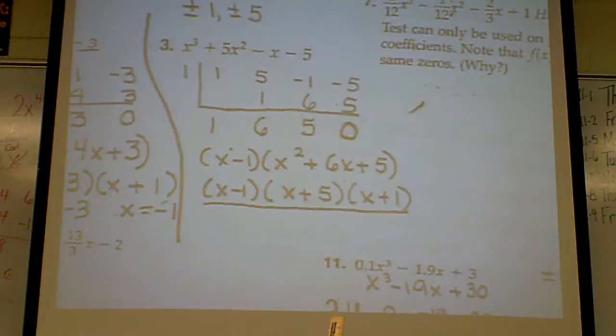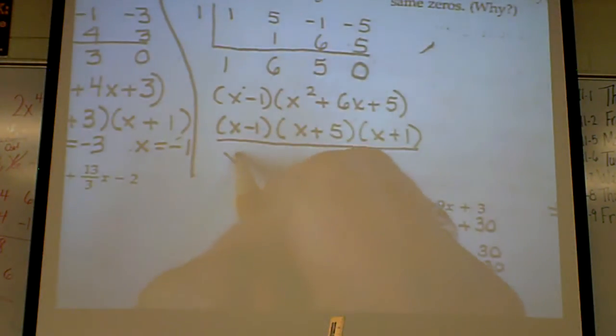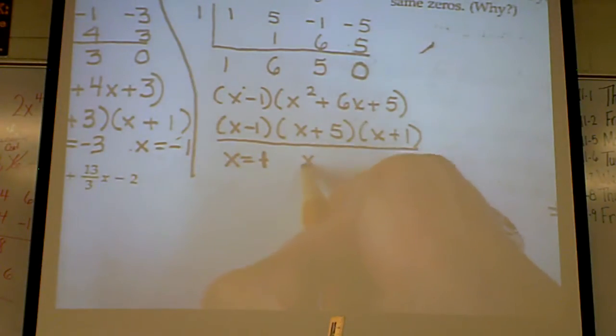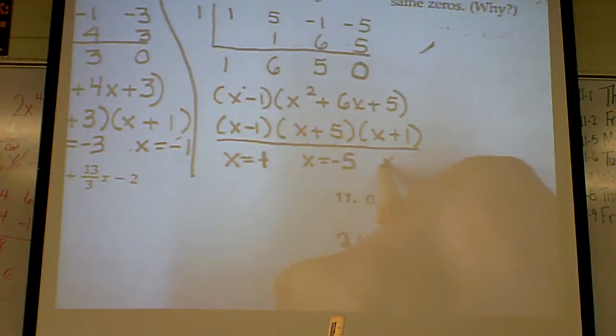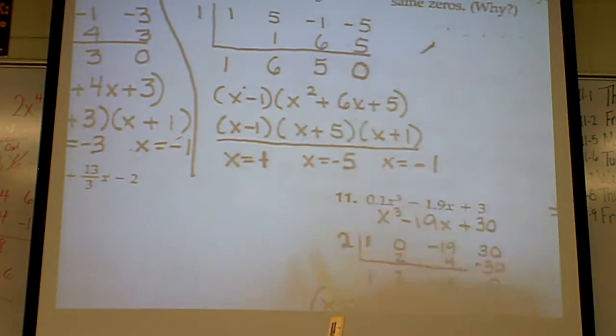Because I hope that if you're paying attention, you will understand that you don't want to write that as an answer. Read the question. It says, find all the rational zeros. That's not the answer. The answer is 1, negative 1, negative 5. This is what goes on your answer line.